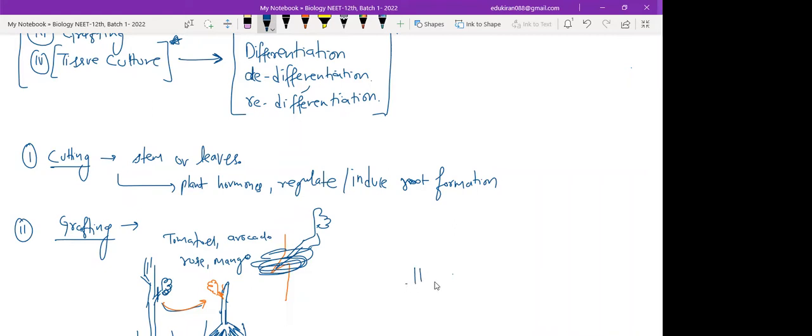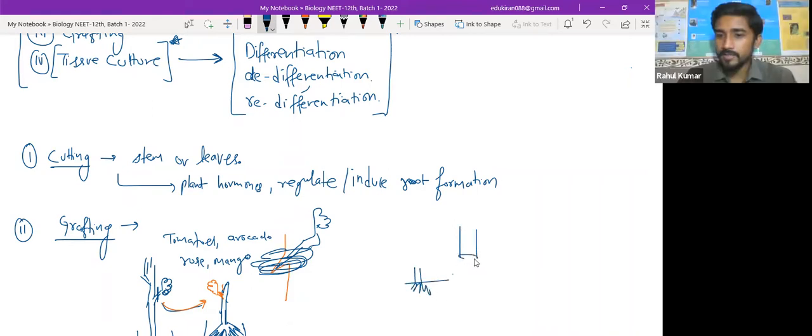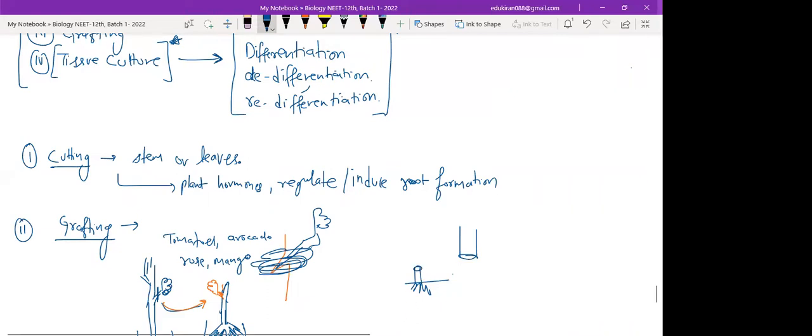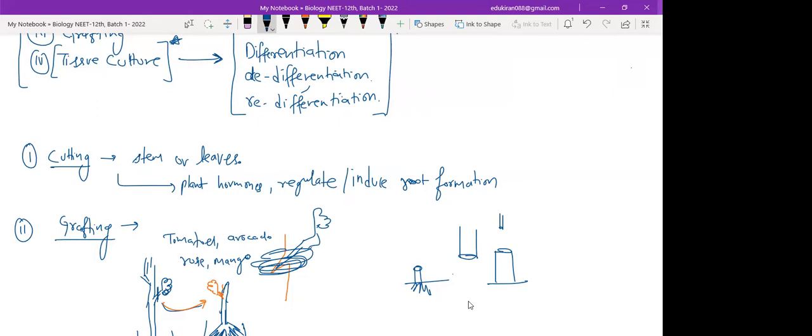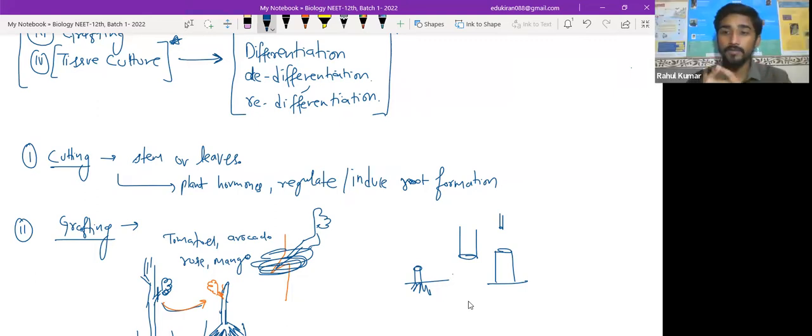If the rooted plant is this and the shoot you cut is this, will it make a good graft? No. And if it is vice versa, will it make a good graft? No, sir. So their diameter of the stem, the girth, which we call, should match.